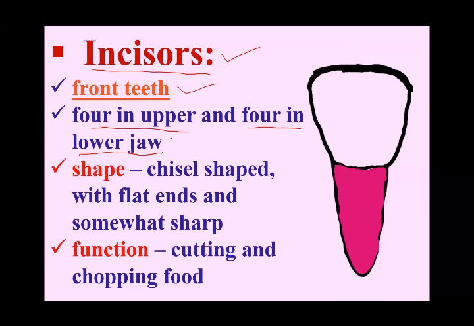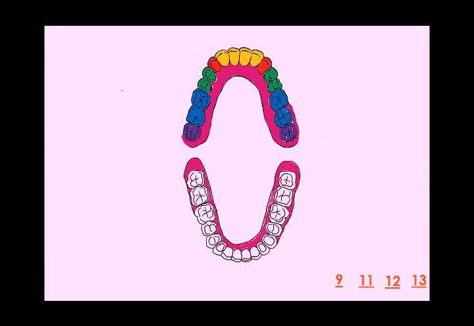The position of these incisors can be best viewed in this image. This represents the upper jaw, and this represents the lower jaw.